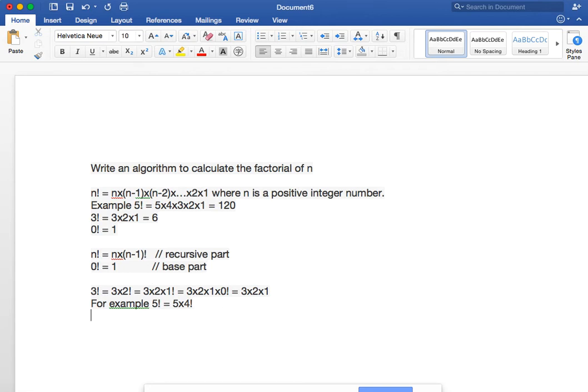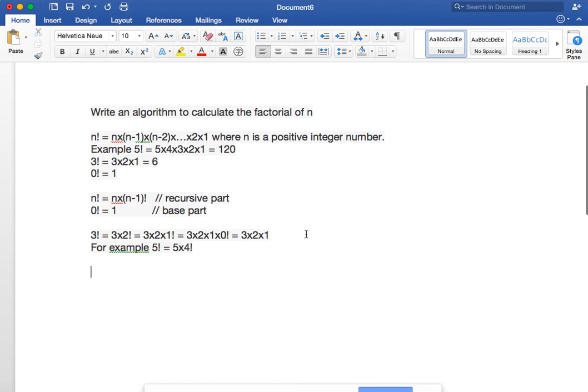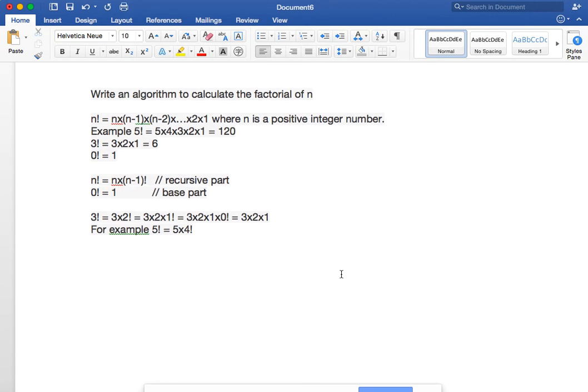Now, how do you write a recursive algorithm? For example, I say procedure factorial of n. When you write this procedure for recursion, you always first write a base case. So you can say, if n is 0, then you return 1.